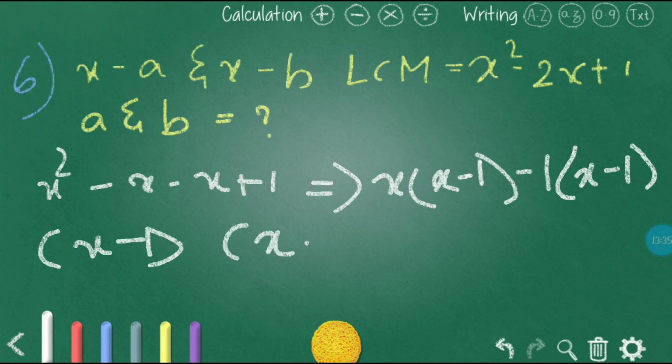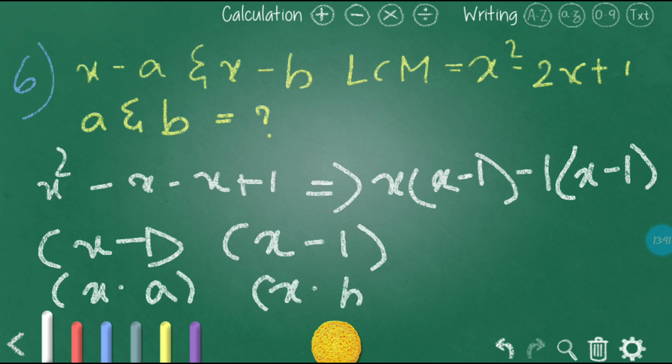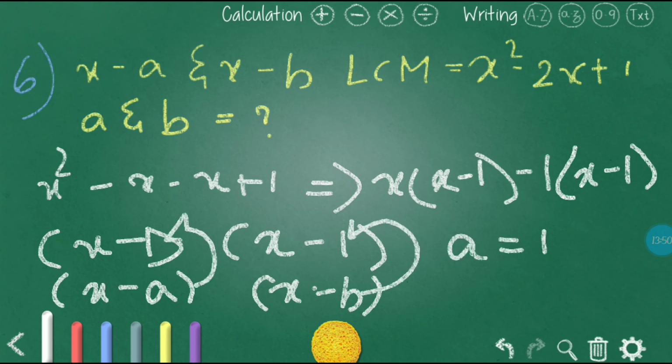So the common will be x, we'll write it in the form of factors, x minus 1 into x minus 1. So it is in the form of x minus a into x minus b, right? So this a value will be this and this b value will be that. So a is equal to 1 and b is also equal to 1. Option C, 1 comma 1.